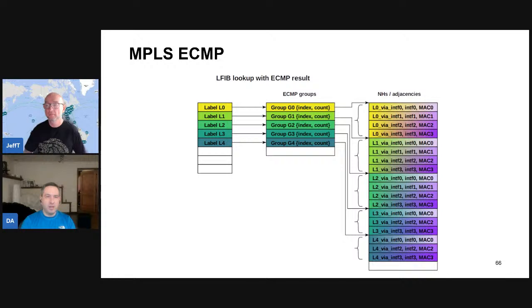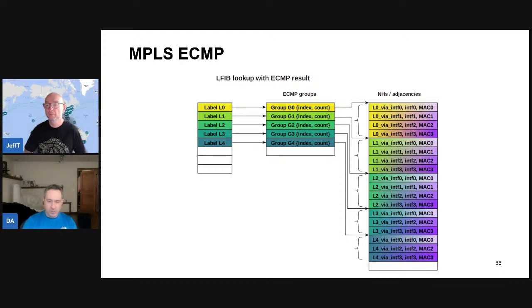Not standard MPLS with all the complexities of the traditional MPLS control plane stack, but more something like lightweight segment routing with label stacks coming from some sort of controller. But anyway, what was the problem and why we eventually had to discard that idea, at least for a while?